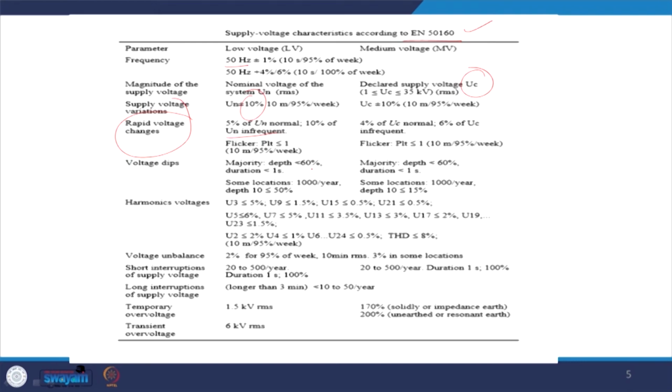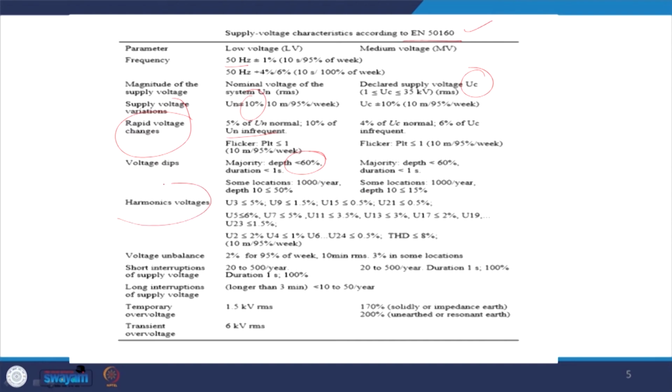Voltage dip should be less than 60% for a duration less than 1 second. Majority of dips should be less than 60% for 1 second. In some locations, we can have this kind of entities.